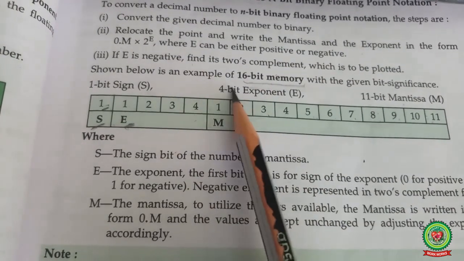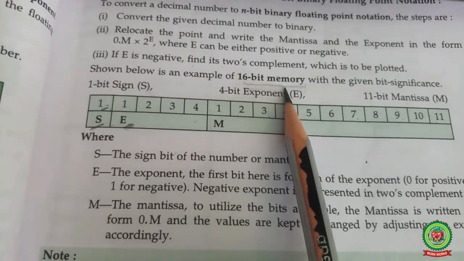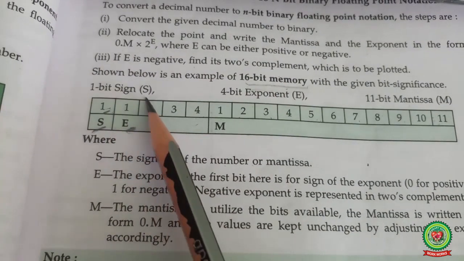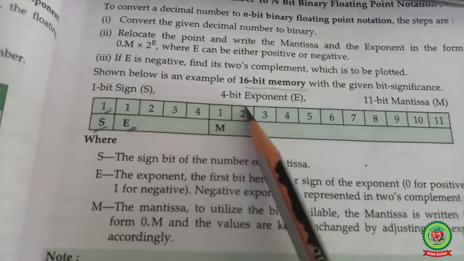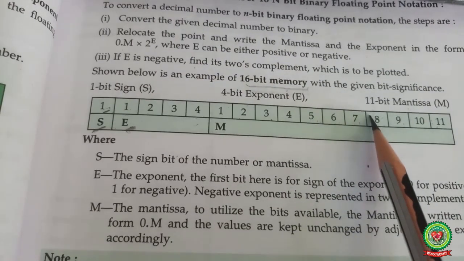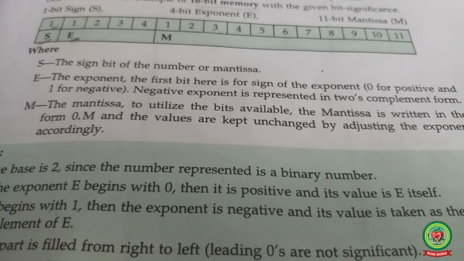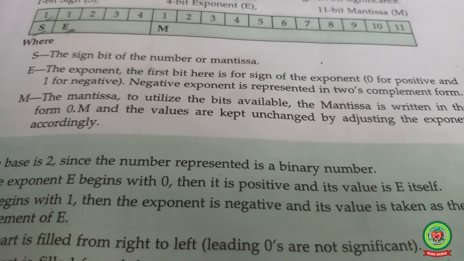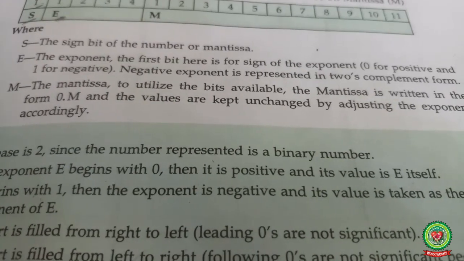So in 16-bit memory representation, 1 bit is for sign, 4 bits for exponent, and 11 bits for mantissa.